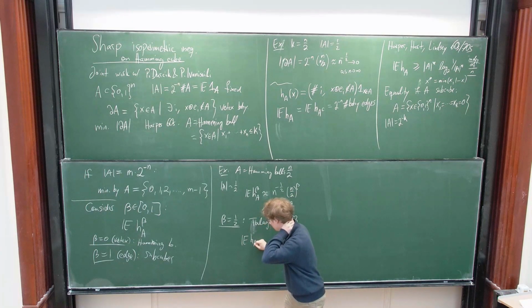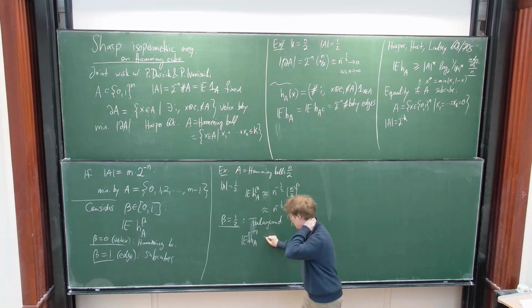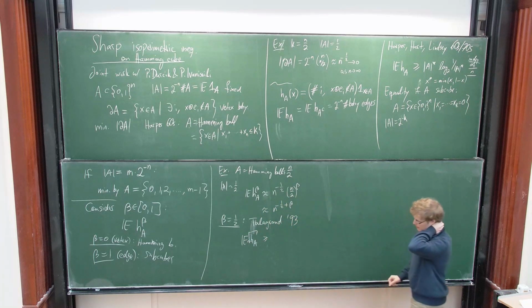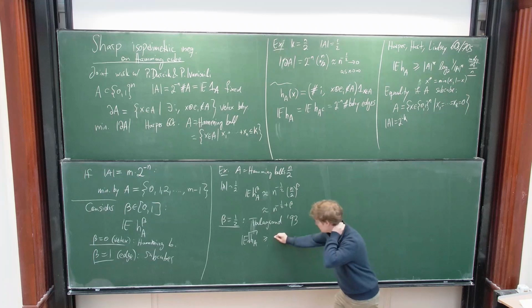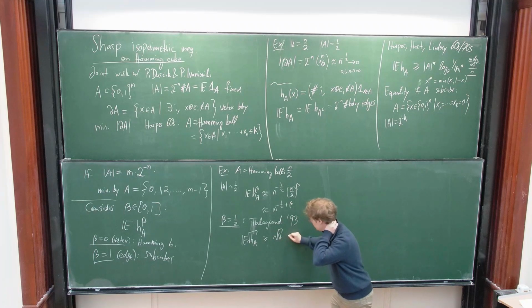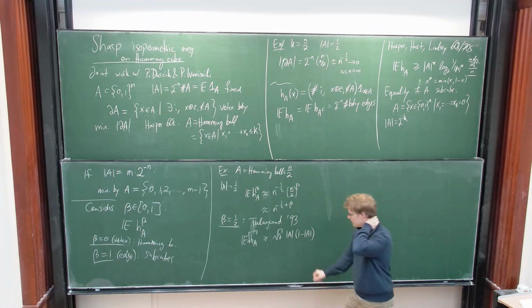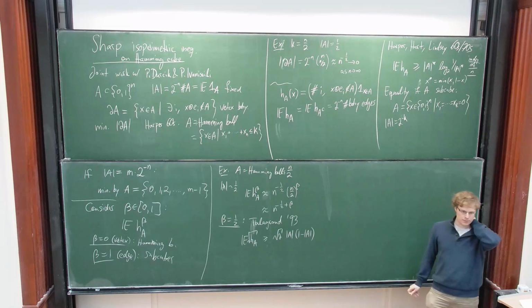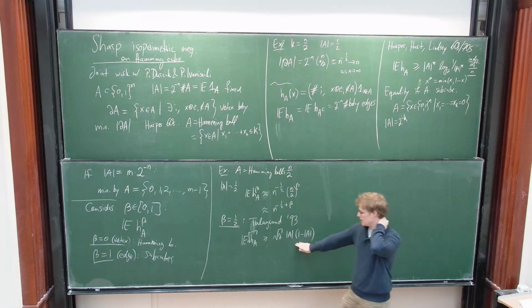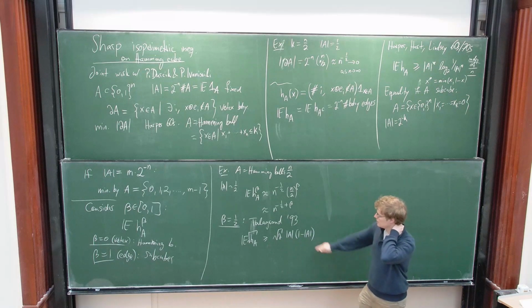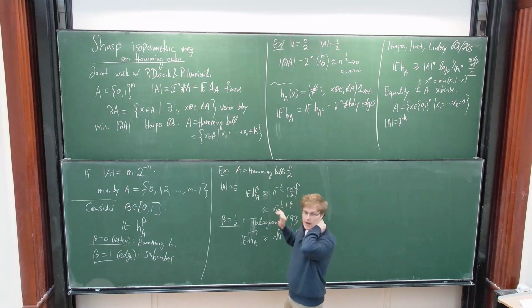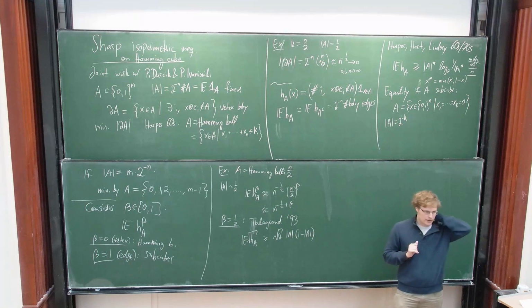This is a wonderfully simple inequality, that the expectation of the square root of h_A is greater or equal to the square root of 2 times volume of A times 1 minus volume of A. Okay? And this is beautiful and surprising because it is independent of A. So this says that you can't do much better than that, up to perhaps a constant.